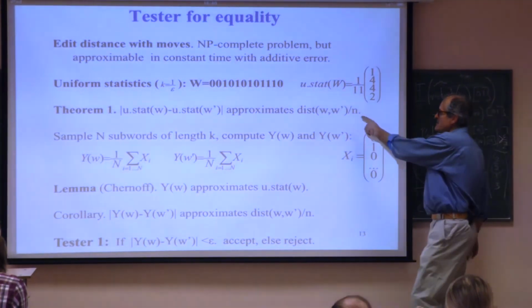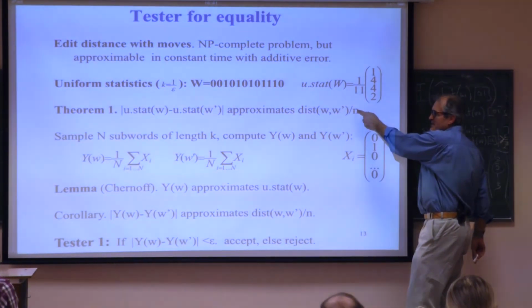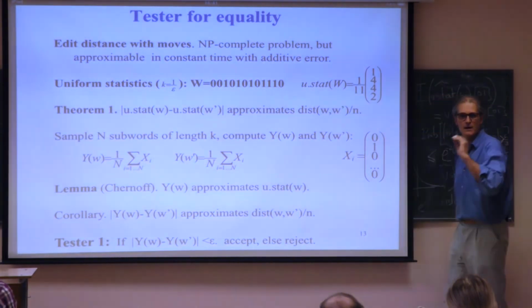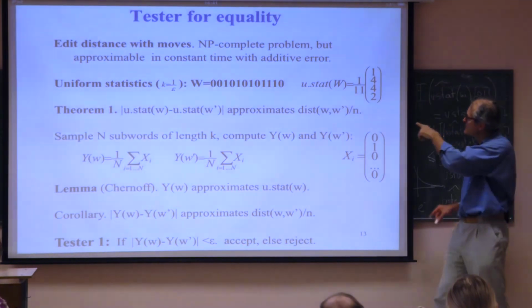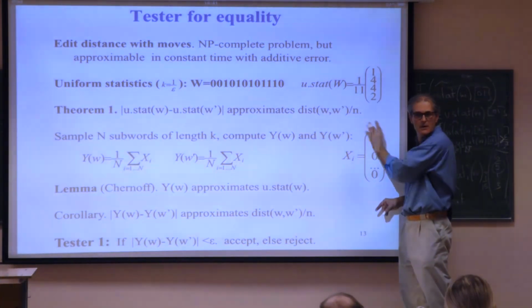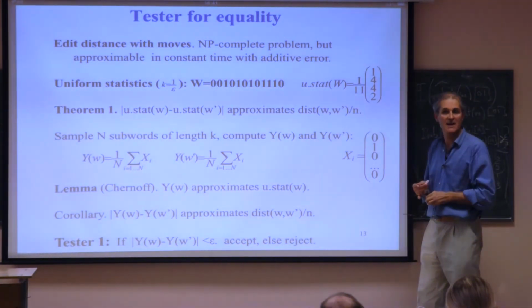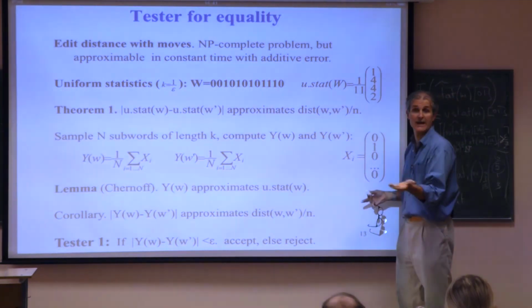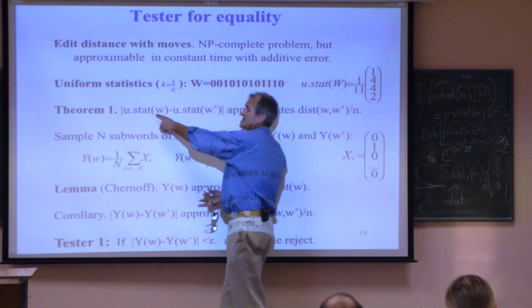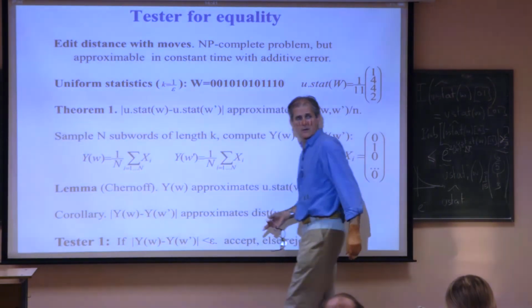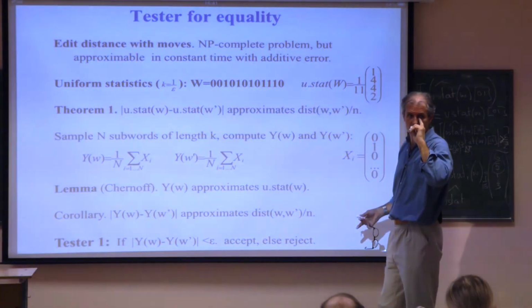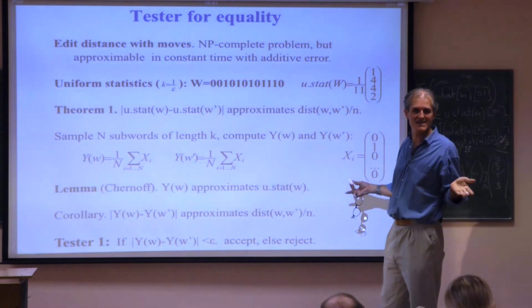So now the fundamental operation is to understand why, from the edit with move point of view, essentially, instead of looking at the distance between words, I can just look at their Ustat vectors. Which is, of course, a key simplification.